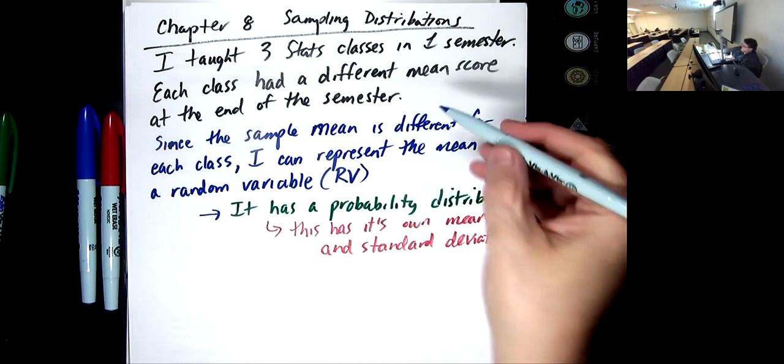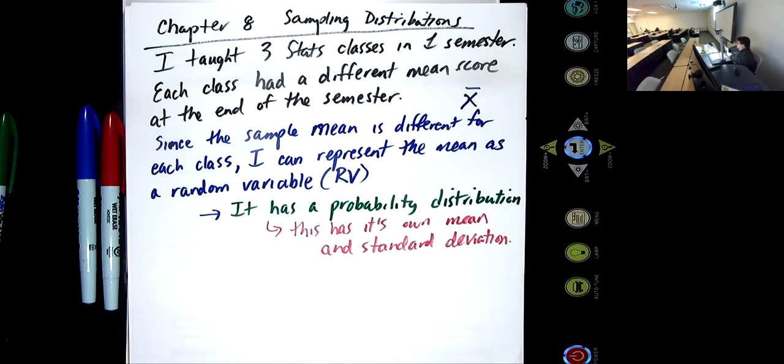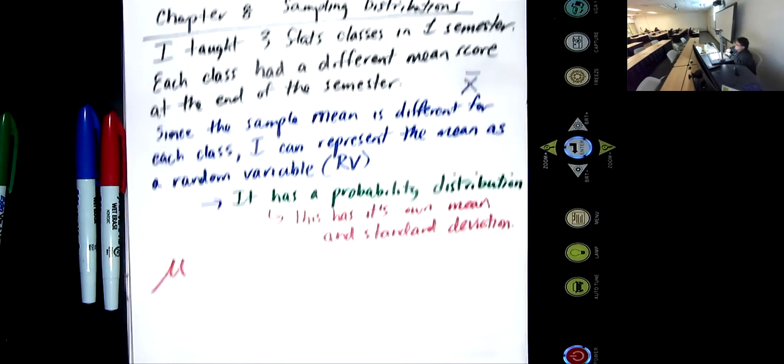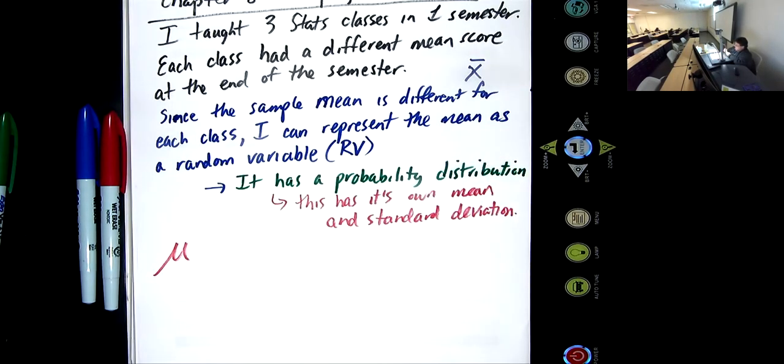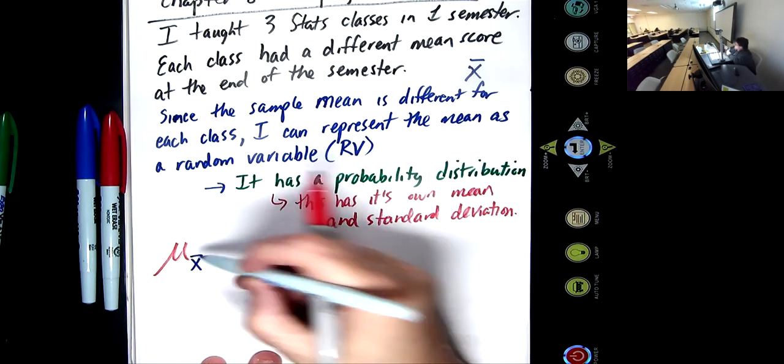Up here, my sample means were X bar. That's the sample mean. If I want to look at the probability distribution's mean, though, we're going to look at the population mean, which is mu. And we're basing it on that X bar, the sample mean.